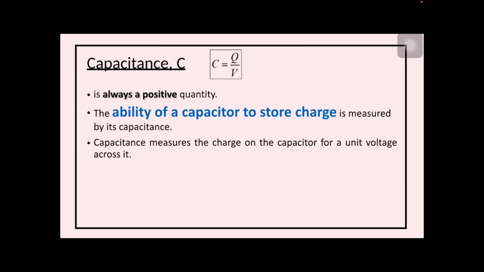It is always a positive quantity. So the ability of a capacitor to store charge is measured by its capacitance. The larger the capacitance, the more charge the capacitor can store. Capacitance measures the charge on the capacitor for a unit voltage across it.